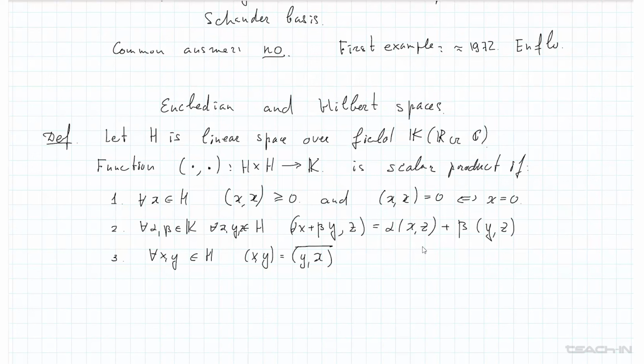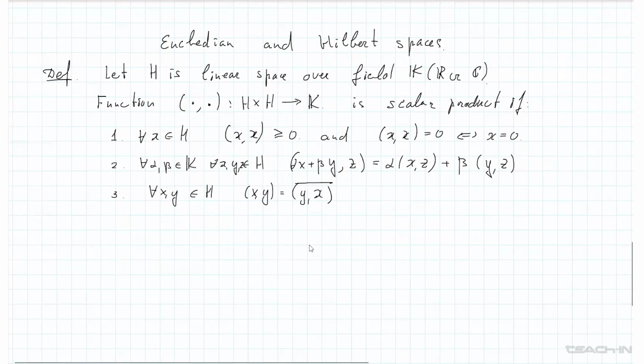Is this notion known to you? In what detail do I need to explain some things, or can we omit something? I think everyone had this notion in the first course. Okay, if you prepare some questions, we can discuss it.